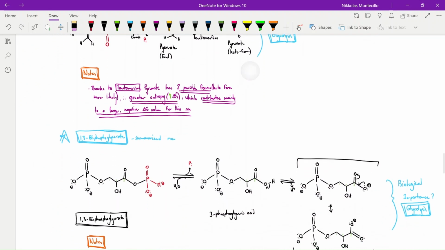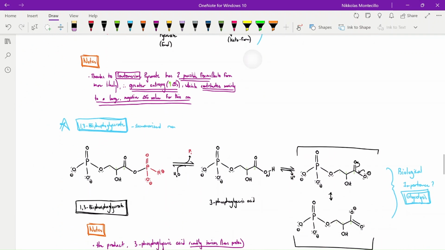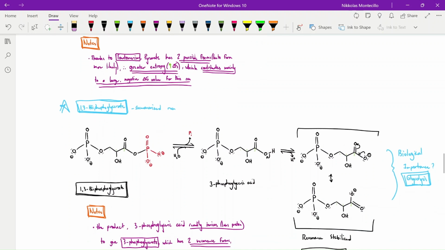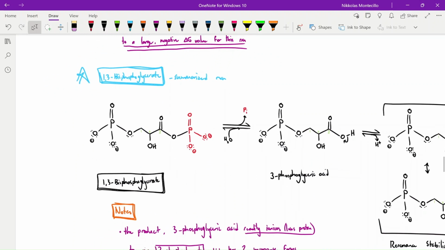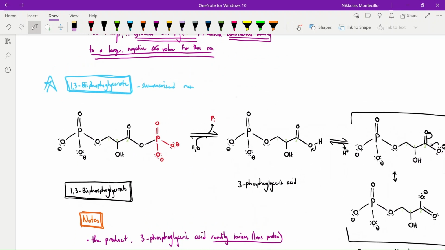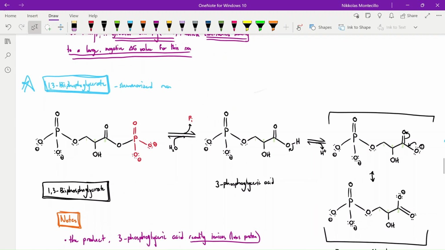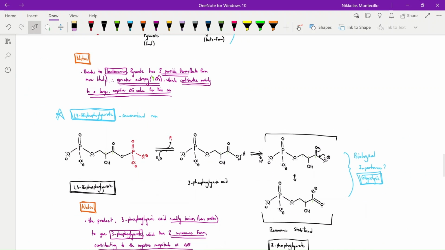Now, a similar thing happens with 1,3-bisphosphoglycerate, where we can see a similar pattern: hydrolysis occurs and the inorganic phosphate serves as the leaving group, which forms 3-phosphoglyceric acid, right?